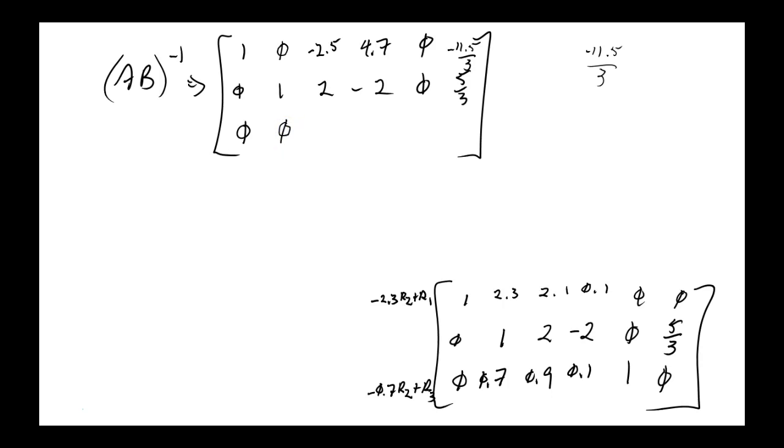All right, negative 0.7 times 2 would be negative 1.4 plus 0.9. Say negative 0.5, I believe. Check me on that, is it? Negative 0.7 times 2 would be negative 1.4 plus 0.9, I think is a negative 0.5.